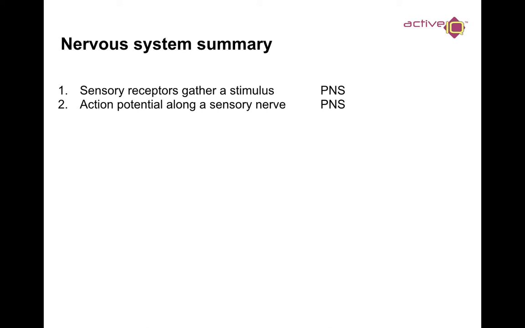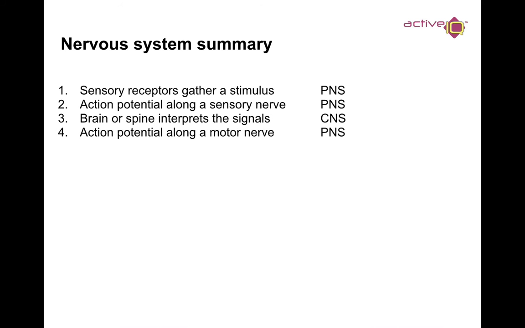Again, that just means it's moving across to the central nervous system, where the brain or the spine interprets the signal, and the action is then given by the brain, but the action is actually carried out by the peripheral nervous system in the form of, maybe your arms or your legs or any other part of your body that's obviously not connected to your central nervous system.